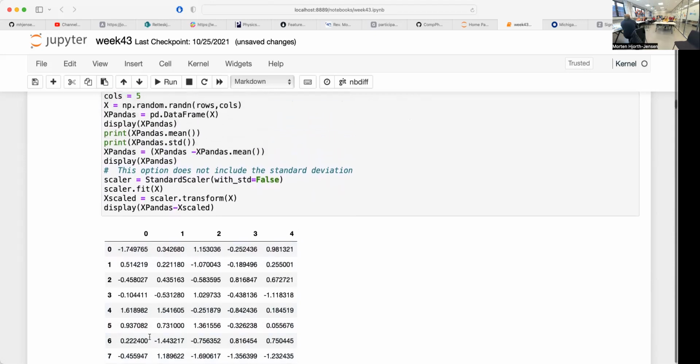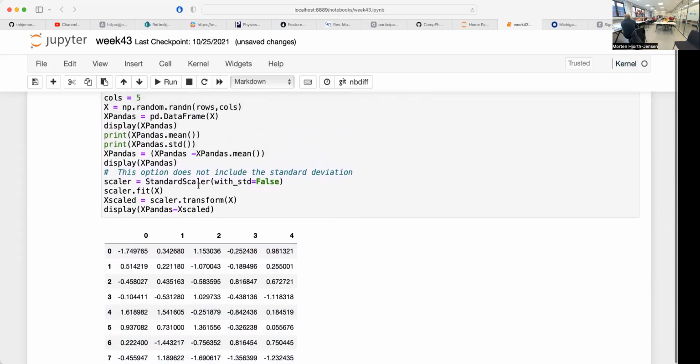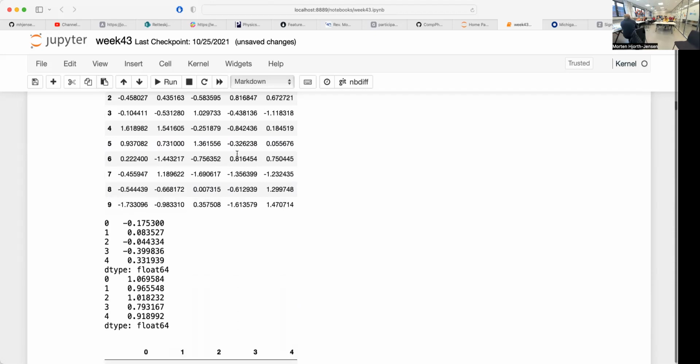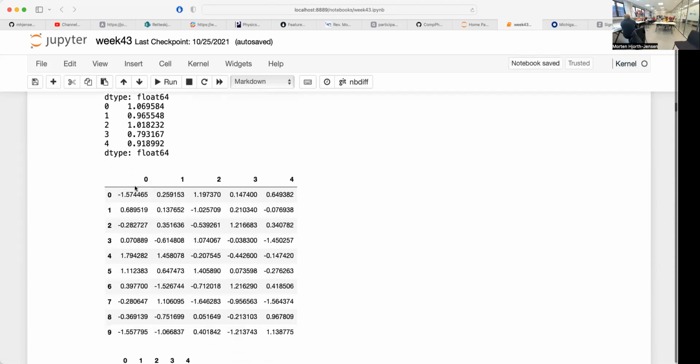You can calculate the mean value easily, just using the function mean, and you have the standard deviation. You can do a scaling where you take the design matrix minus the mean value for each column, and then you will see that the columns have been scaled by taking out the mean value. That's a pretty common way to scale the data.